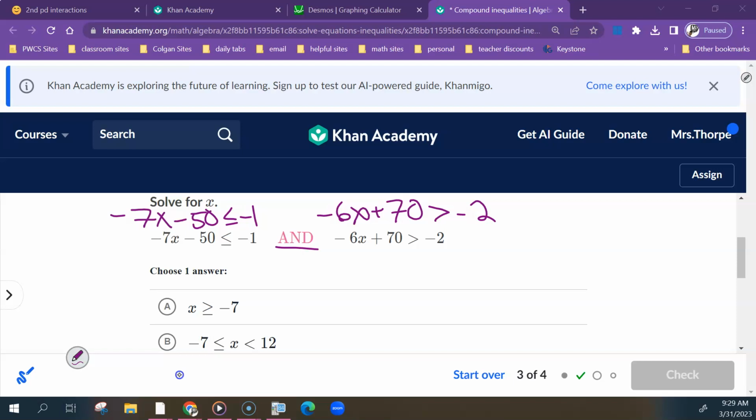So, solving this one, we would add 50. Divide both sides by negative 7. Sign would change.